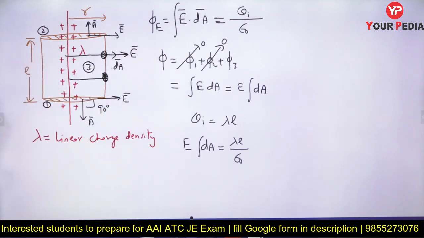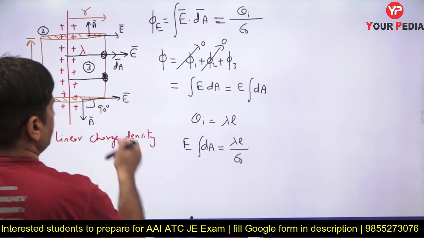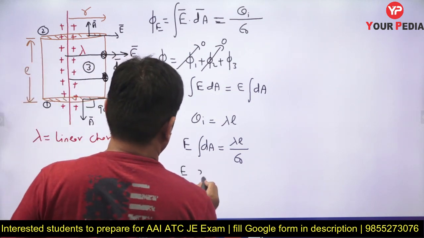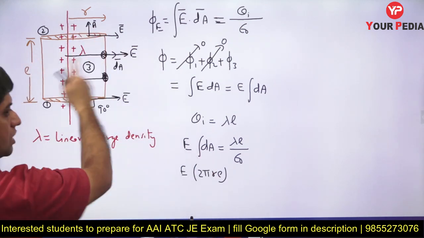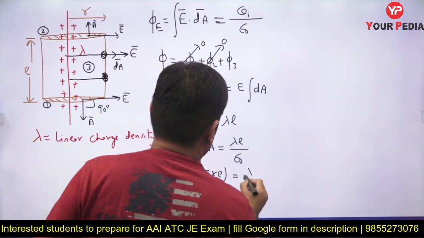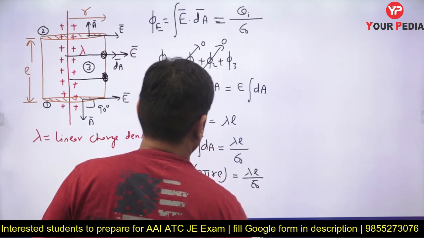And what is dA? It is this entire curved area, which is 2 pi r into L. So E into 2 pi r L is equal to lambda L over epsilon naught.